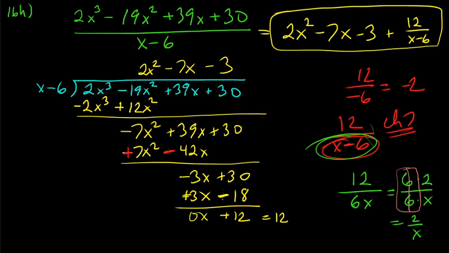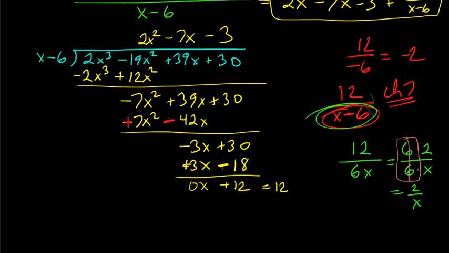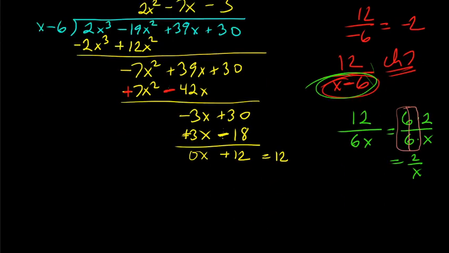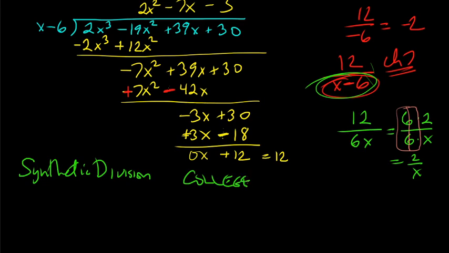And one more thing I should mention is that some of you might know the shortcut here. The shortcut is called synthetic division. If you're going on to college algebra, you're going to be using synthetic division a lot more.